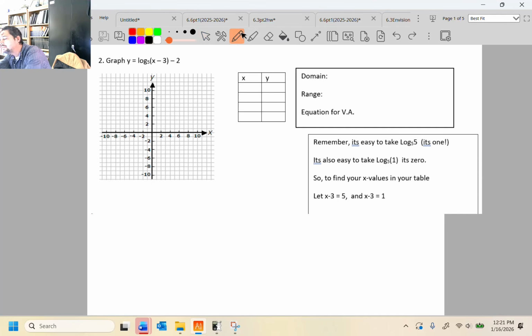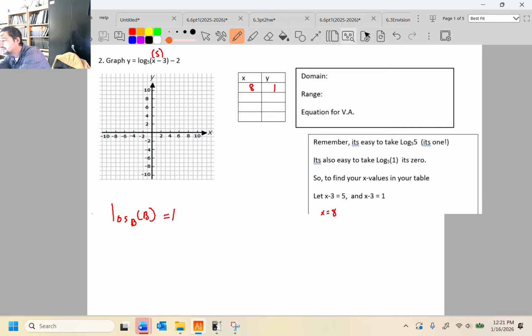Now, I happen to know that if a logarithm's base equals its argument, then it's 1. So the idea behind these is to think about how I can have a 5 in here, because then I would have an output of 1. So since I want that to be a 5, I let x minus 3 be 5, which means that x is 8.